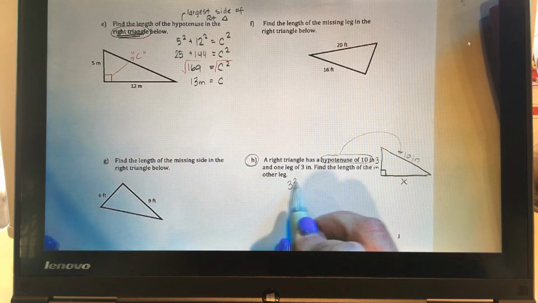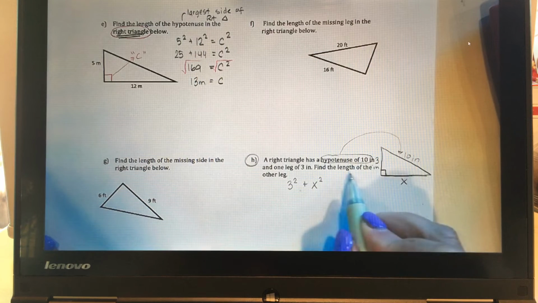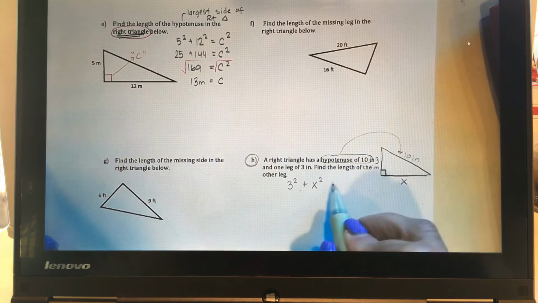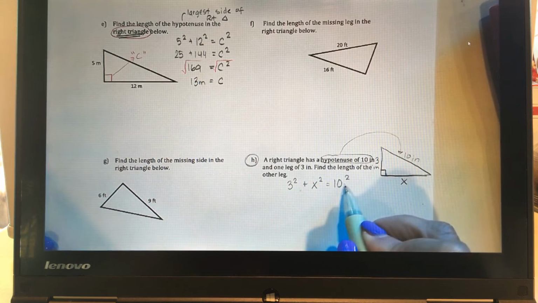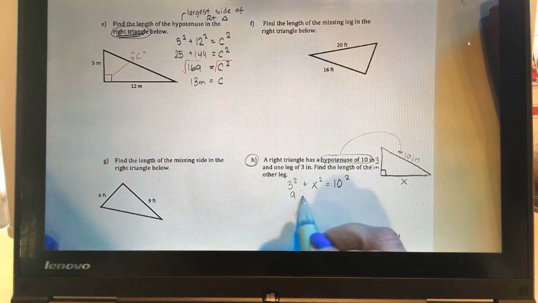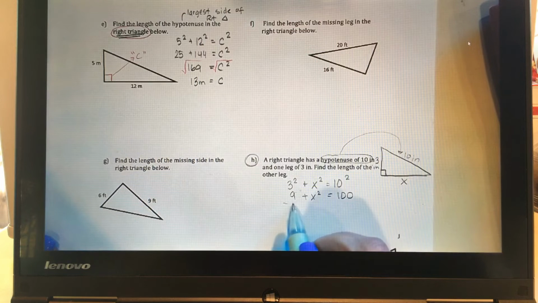Smallest side squared plus the medium side squared, again, those are called legs of the triangle, equals the largest side squared. Again, we call that the hypotenuse. So that's 9, and that's 100. When we subtract 9 on both sides of the equation, it gives us x squared equals 91.